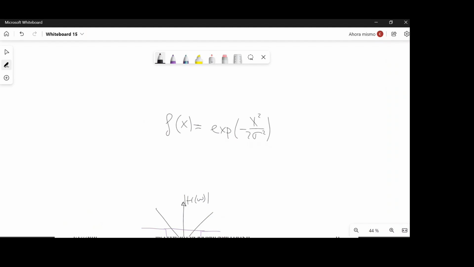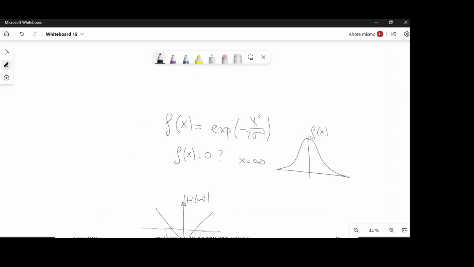This is a square. Okay, so if I ask you f of x is equal to 0, what is x? What is the x that makes the Gaussian go to 0? Infinity. So it only goes to 0 at infinity. So that means that this function never vanishes. So this is f of x. On the other side, it is the same.